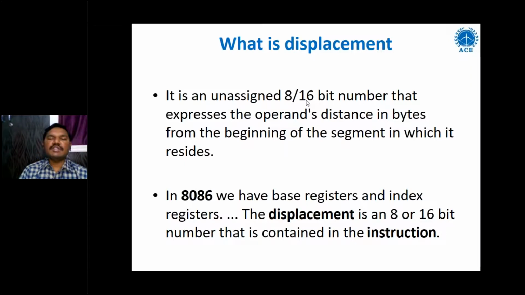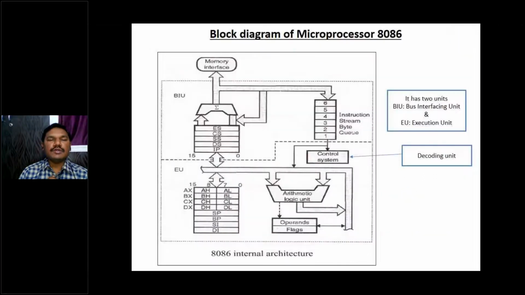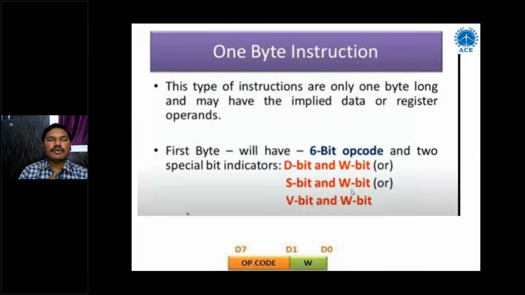Why 8-bit and 16-bit? I told you already in the previous presentations, in the memory organization. Data is available in terms of the even bank or the odd bank of memory. If you combine the even bank and odd bank, it is called 16-bit. If you take them separately, it is known as 8-bit. That's why we have two types.